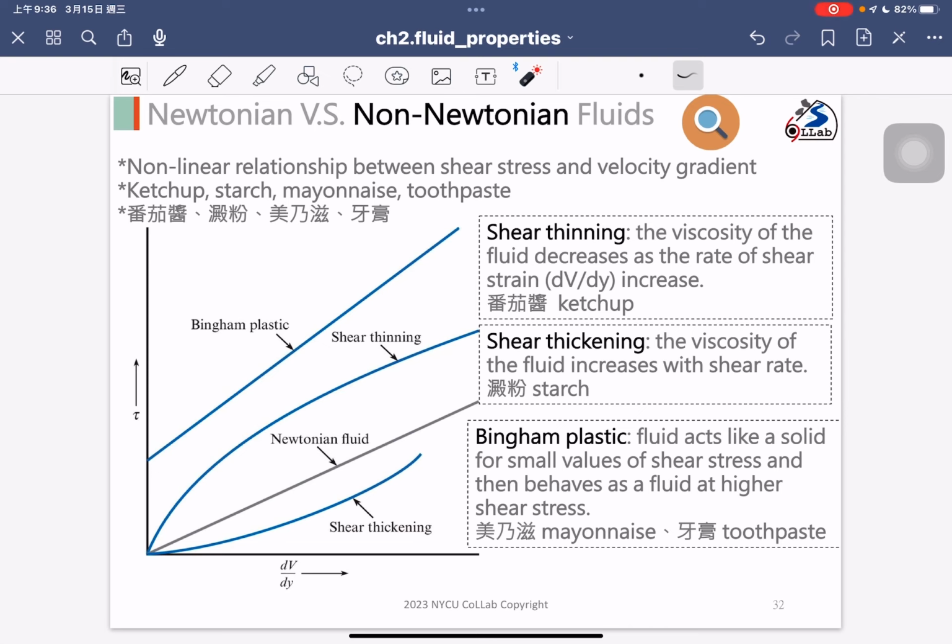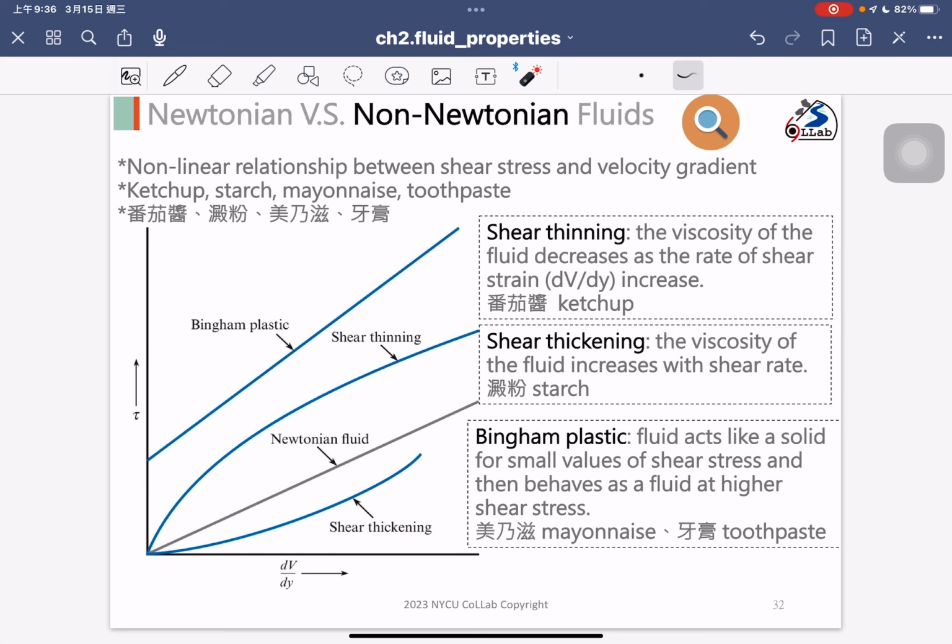Okay, so there are three types of fluid associated with non-Newtonian. The first one is shear thinning, then shear thickening, and the Bingham plastic.